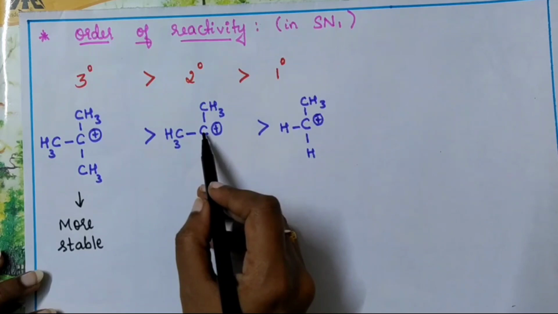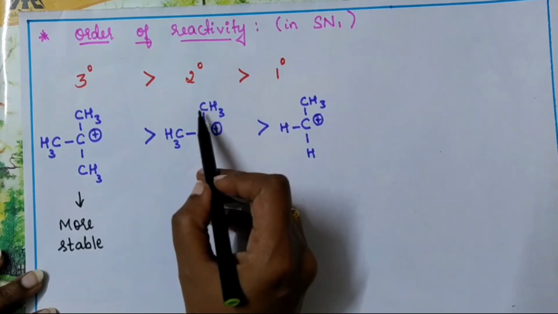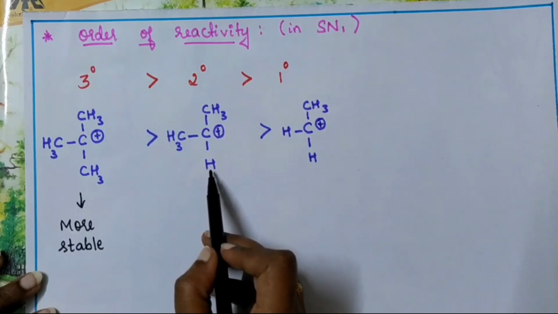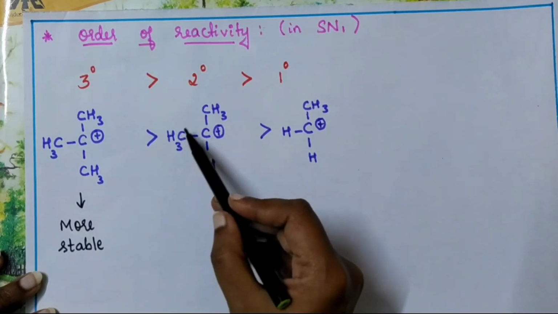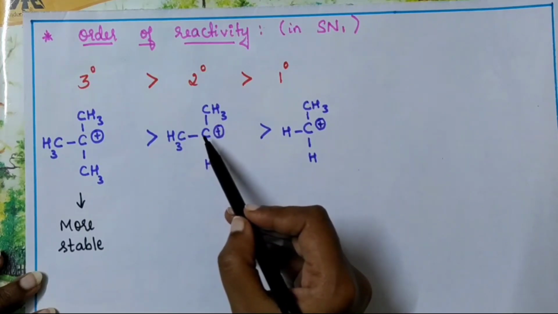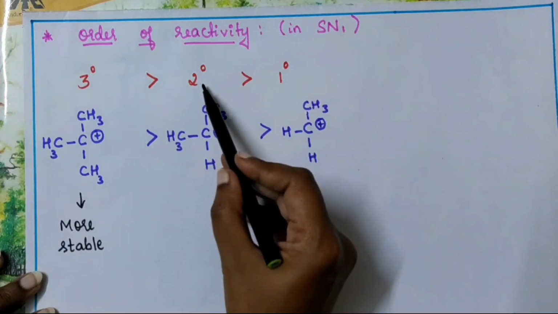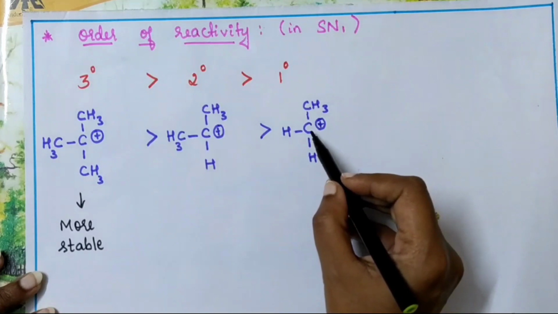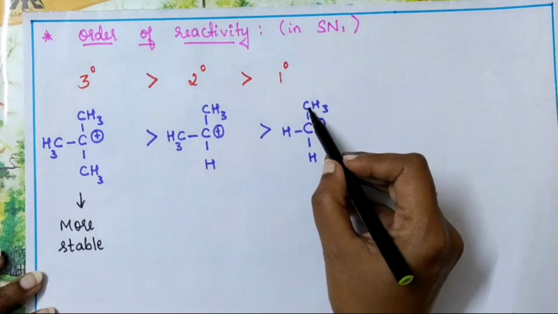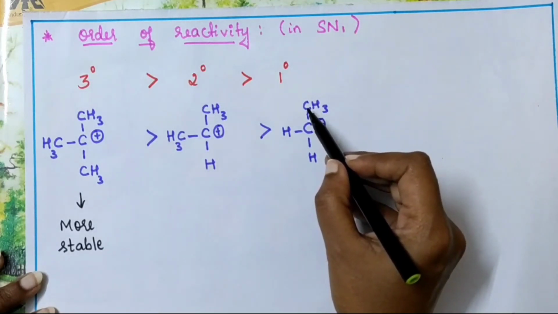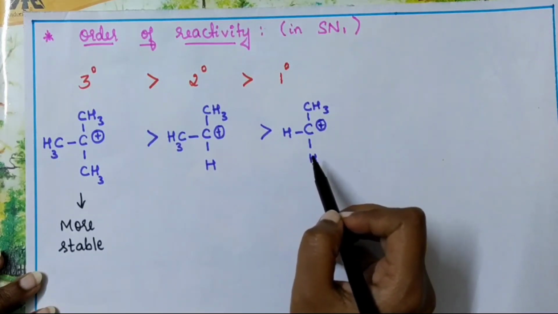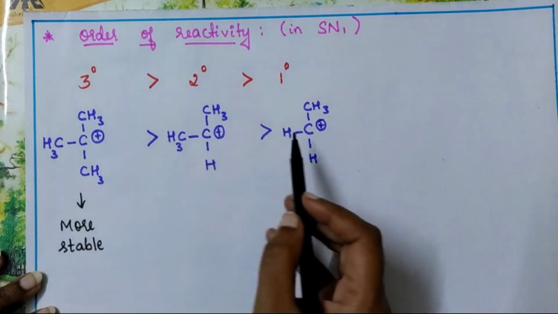Here you can observe this carbon is bonded with 2 more carbon atoms and another bond with hydrogen, so it is secondary. And in this carbocation, this carbon is bonded with only 1 further carbon, and the remaining 2 bonds are with hydrogen. Understood? That is why it is tertiary, secondary and primary.